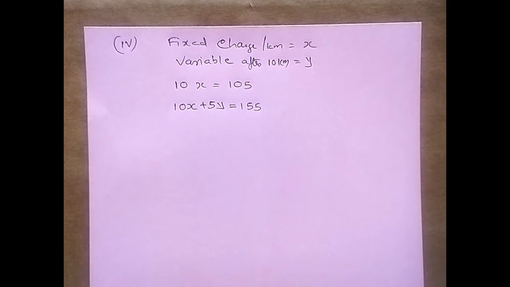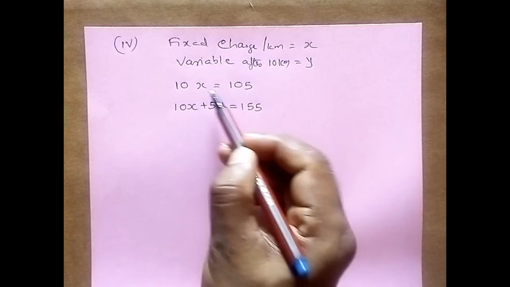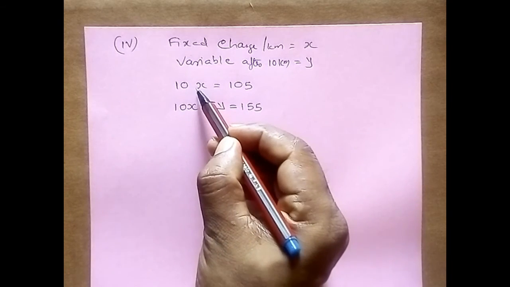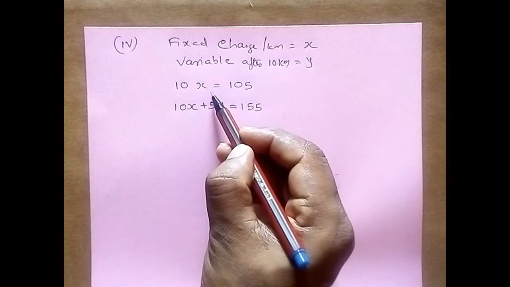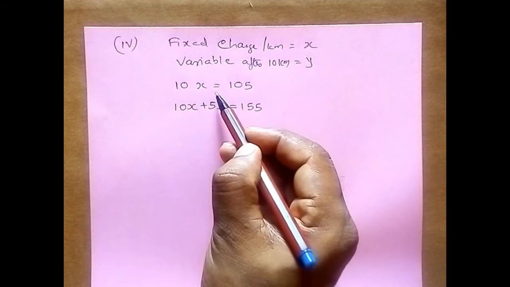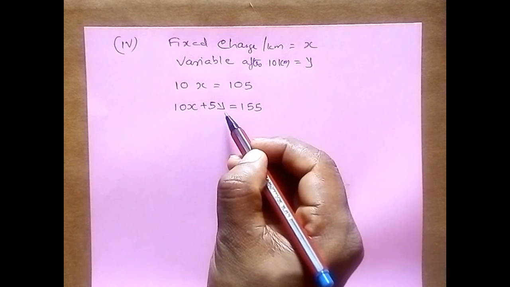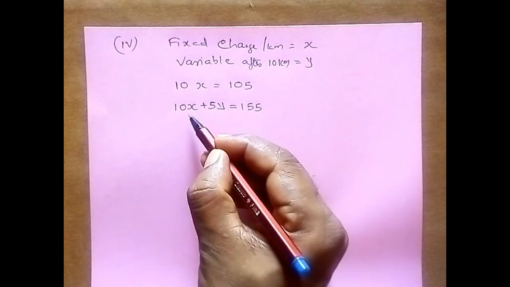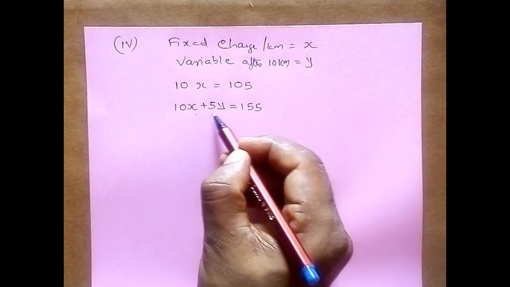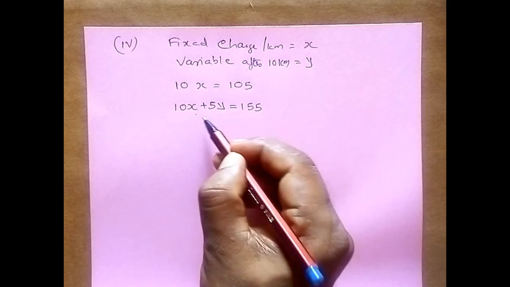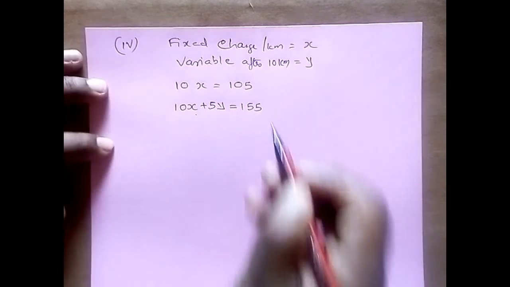See whether it is clear. Fixed charge for 10 km is 105, so 10 into x is equal to 105, where x is the fixed charge for 1 km for the first 10 kilometers. And after 10 kilometers, let the charge be y. So 15 km means first 10x plus remaining 5y. So 10x plus 5y is equal to 155.